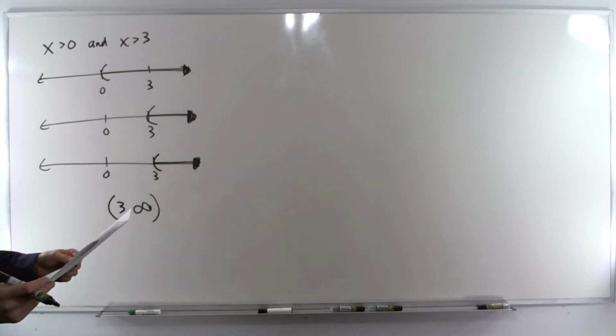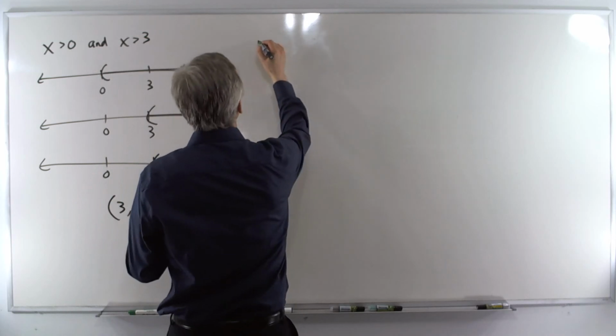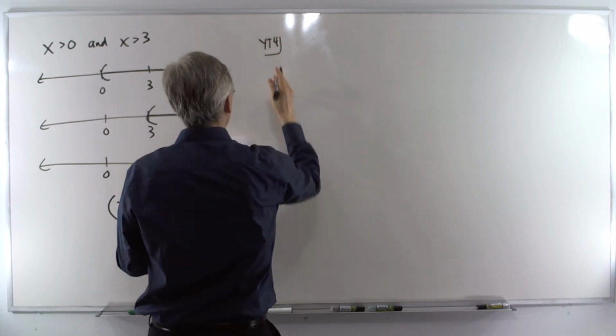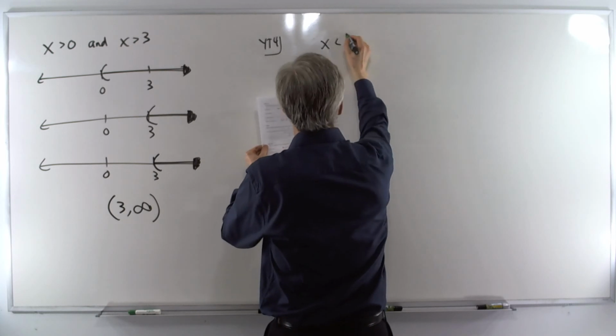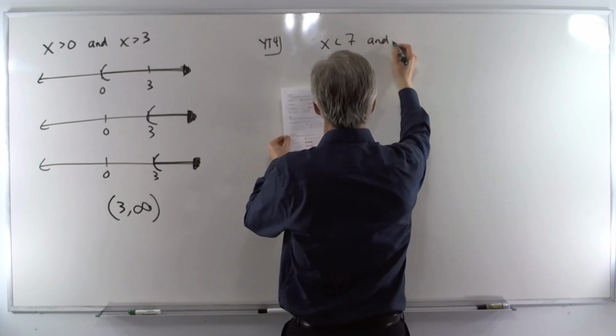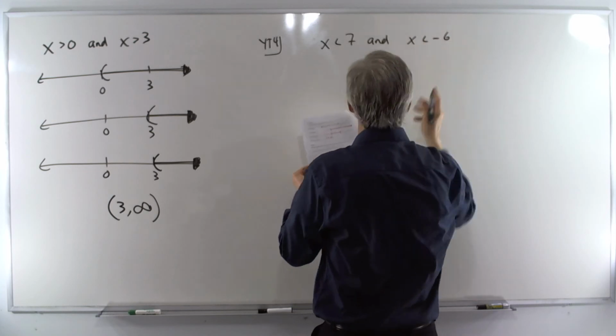Your turn, number 4. We got x less than 7 and x less than negative 6.